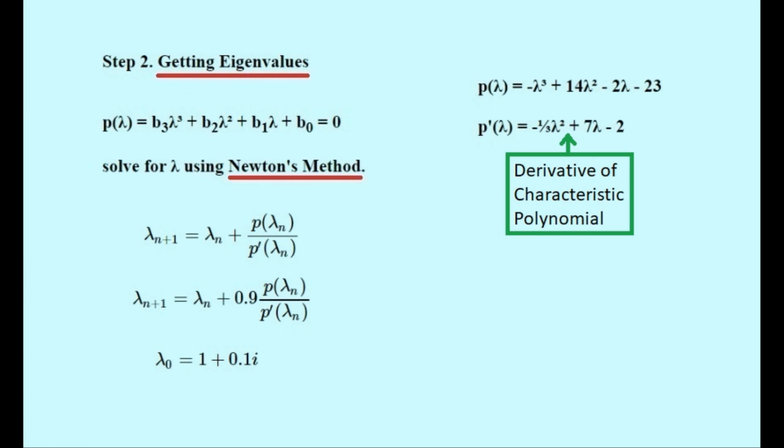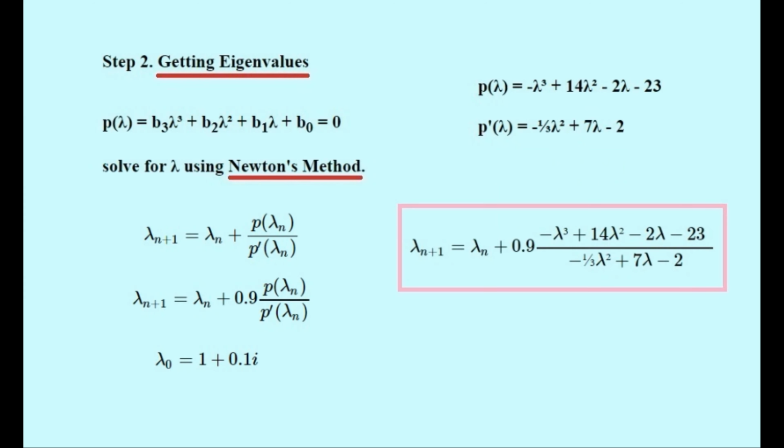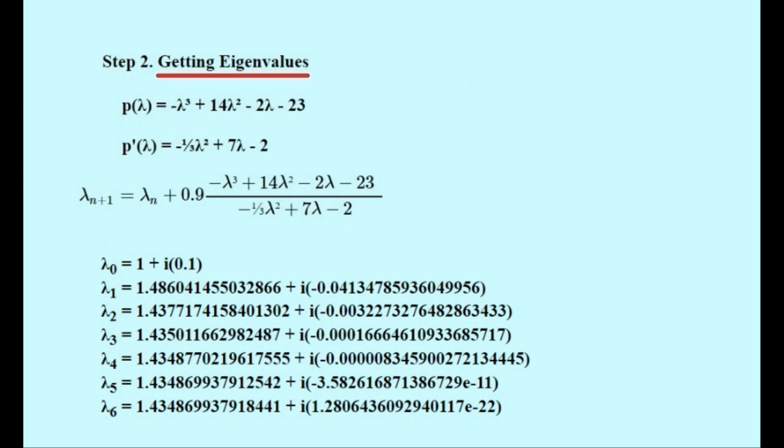So these are the two polynomials that we'll need. We need the derivative of the characteristic polynomial. And so this is the form of Newton's method that we'll use. And so using this iterative equation gives us all these values of lambda, which converge very closely to a real number.